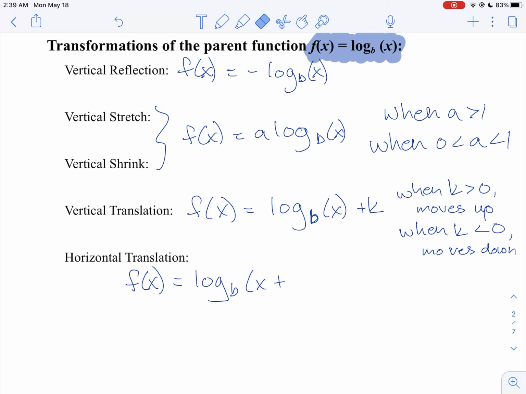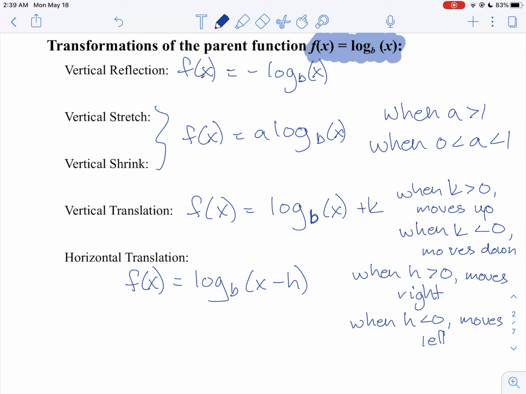If we put in our function x minus h, then that would be a horizontal translation, and when h is greater than 0, then our graph would move right, and when h is less than 0, our graph moves to the left. Okay, so same as it has been all year.